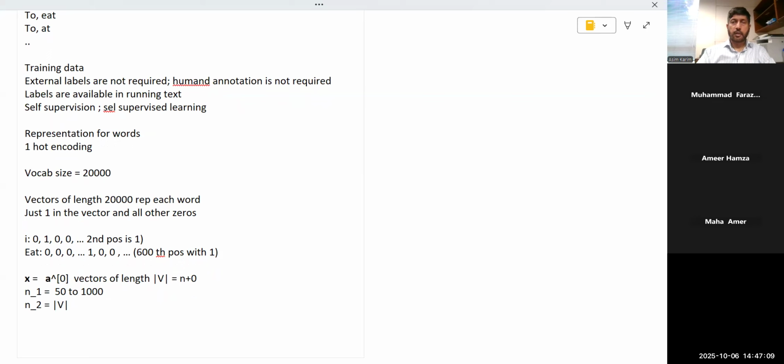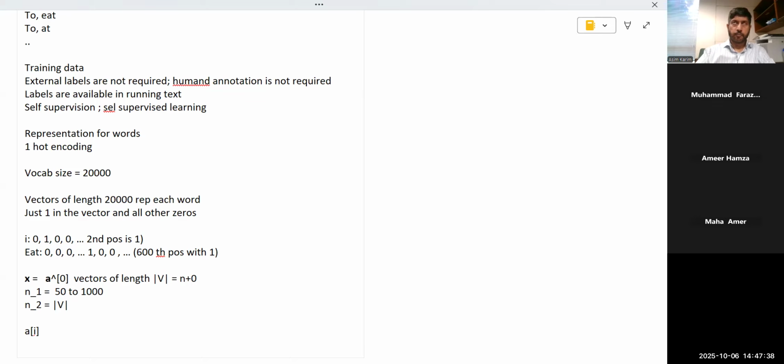So A, of course 1 and 2, two options we have.